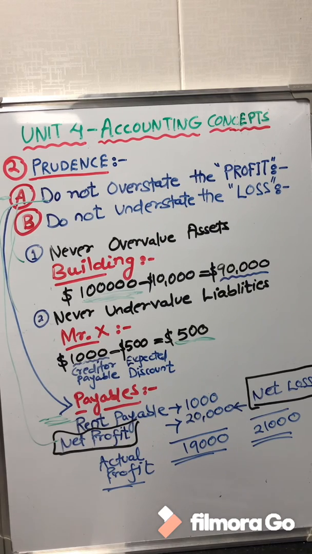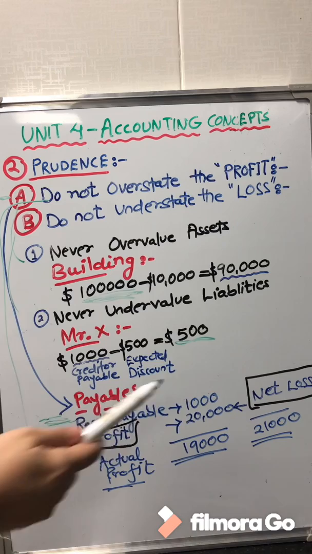From the same example, I'll explain from the other point of view, that is B: do not understate the loss. Same thing. If the net loss for that year is 20,000 and we have to pay this rent payable, which is still unpaid, then in that scenario your net loss is not 20,000, it's actually 21,000.